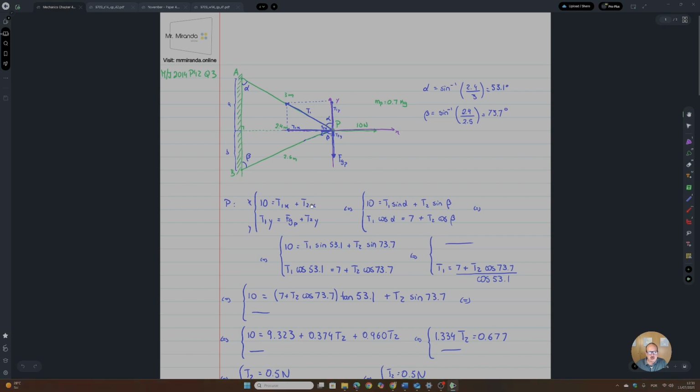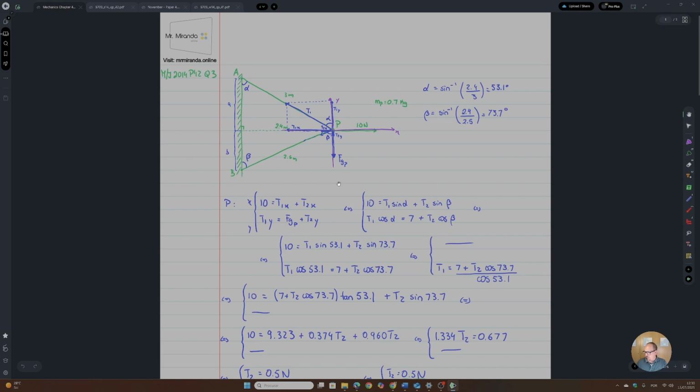And the same argument goes for T2x. Again, you are using this tinier angle over here. This angle is the beta angle over there. So the T2x, the tiny one over there, is the same as that one, which is the opposite to the angle. So you also use the sine. So T2x is going to be T2 sine of beta.